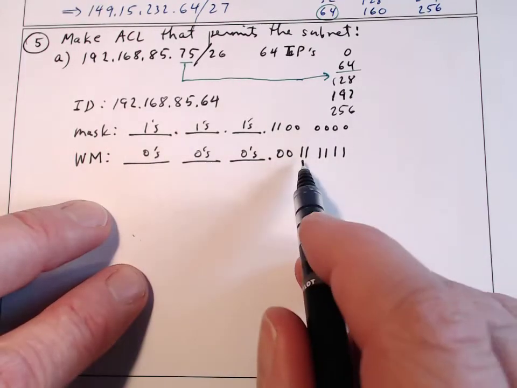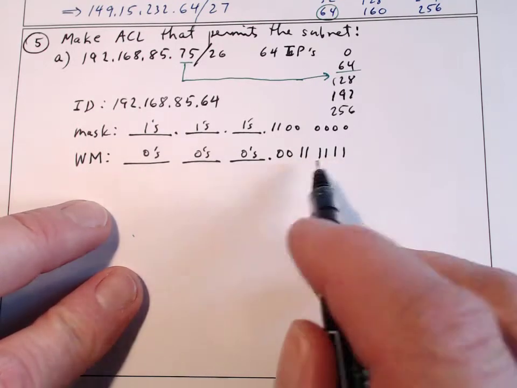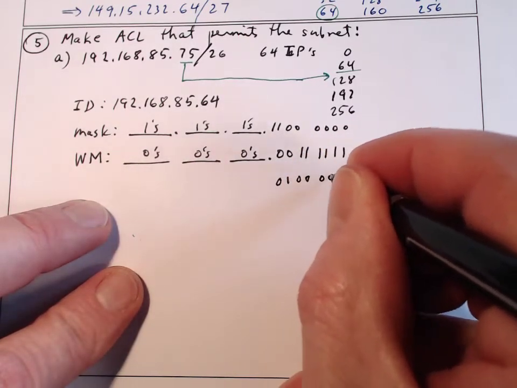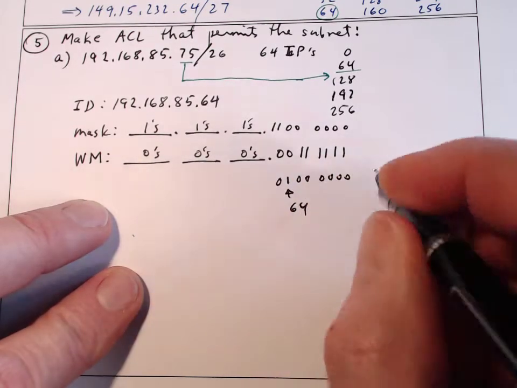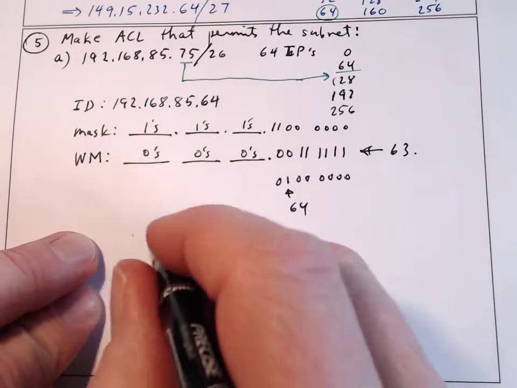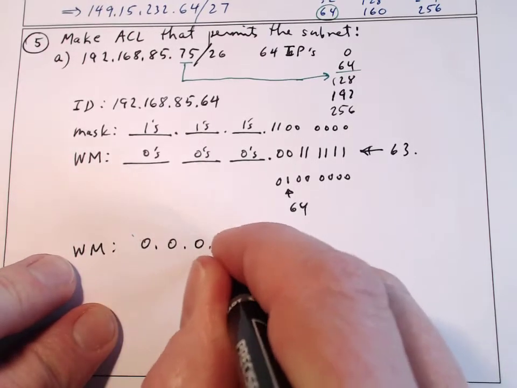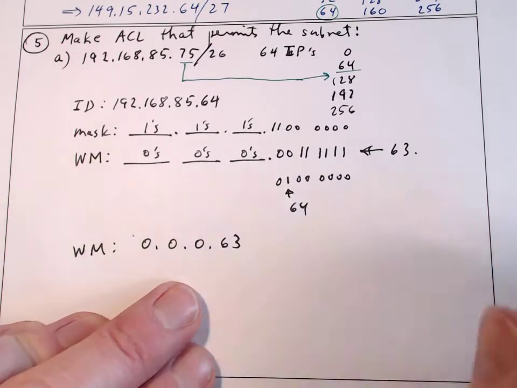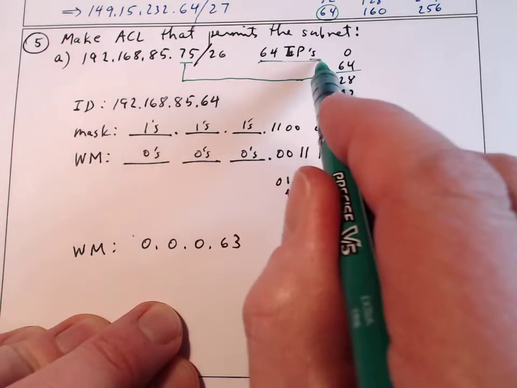When we have 6 1s at the end, that is just 1 short of the binary value 01000000, which is 64. So this is a 63 at the end. We write our wildcard mask in dotted decimal as 0.0.0.63. Wildcard masks are nice because the last value is just 1 less than the number of addresses in that subnet.